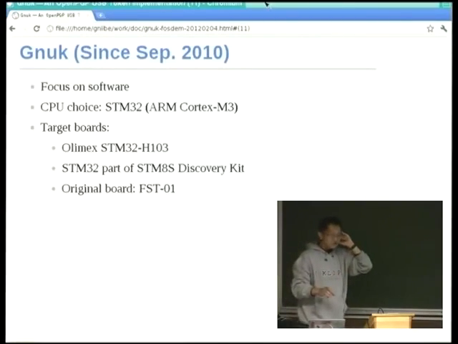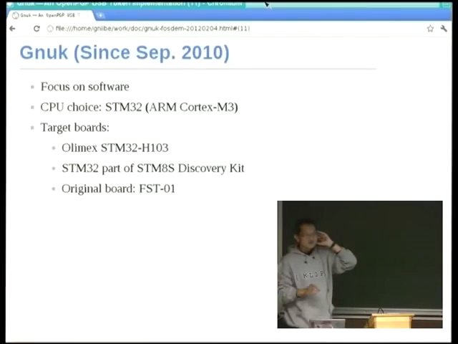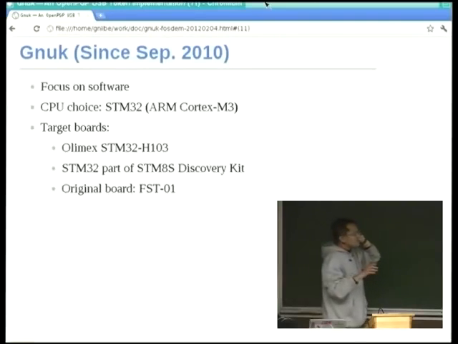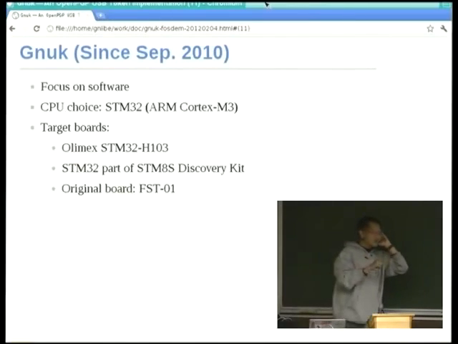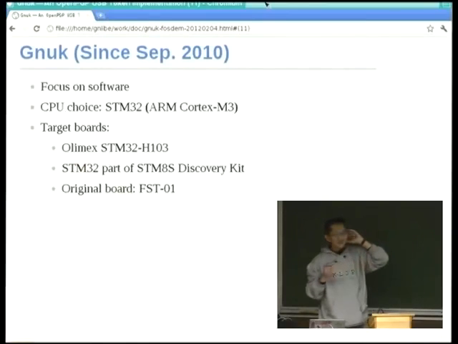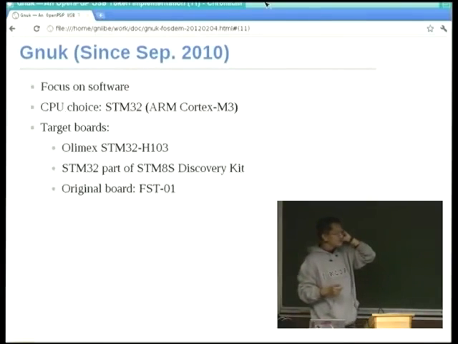The dongle uses an STM32. So we take advantage of that part of the kit so that we can install Gnuk on that processor, not the main STM8S processor of the original intention. If there are some employees from STM, I should say sorry about that. But anyway, you can sell more boards to the customers, you see.